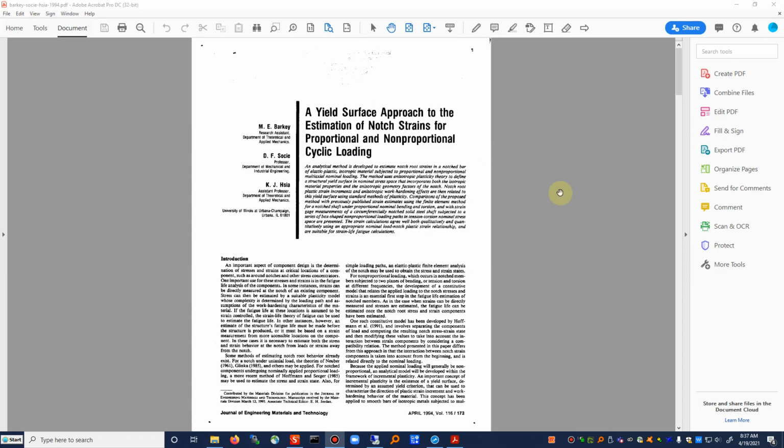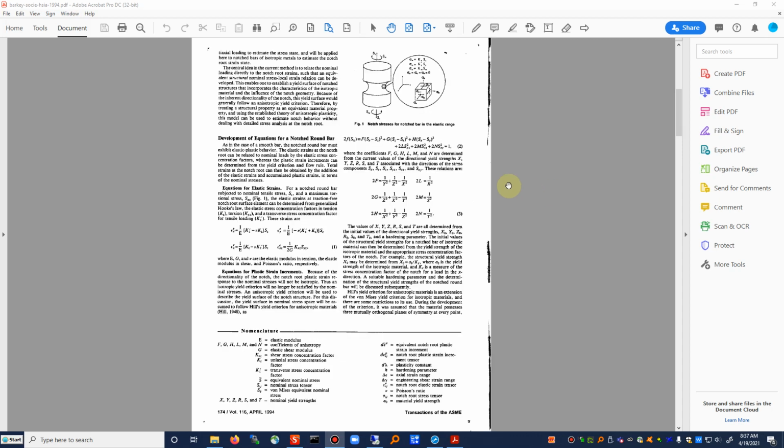And with that background, that's kind of the background for this paper, a yield surface approach to the estimation of notch strains for proportional and non-proportional cyclic loading. Okay, so here is the multiaxial stress state that we just talked about. And if you have a material that is anisotropic in terms of the nominal stresses, then you would use an anisotropic yield criterion.